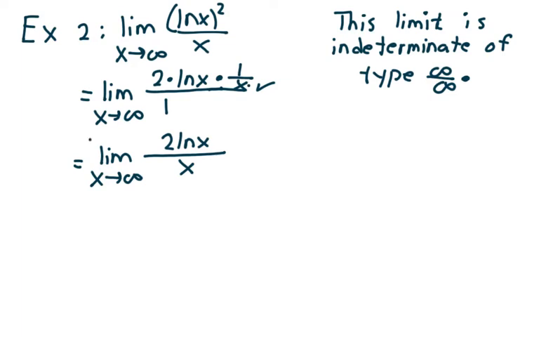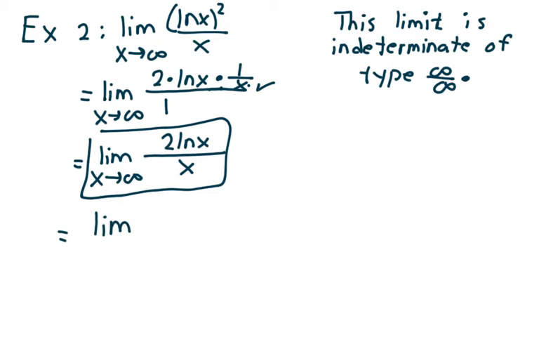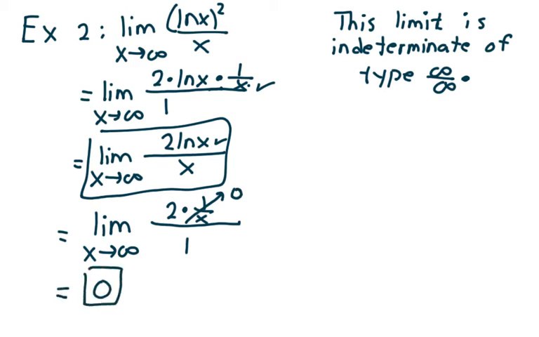Now, this limit here is still of indeterminate type infinity over infinity. It's still indeterminate. And so I'm going to do L'Hopital's rule again and say that this is the limit as x goes to infinity of the derivative of the numerator, which is 2 times 1 over x, over the derivative of the denominator, which is 1. And as x gets large, 1 over x is going to go to 0. And so the answer to this is 0. And that's how you do example 2.